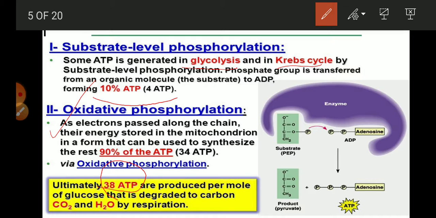So here we can say that an enzyme is utilized for adding one phosphate group to ADP, adenosine diphosphate.